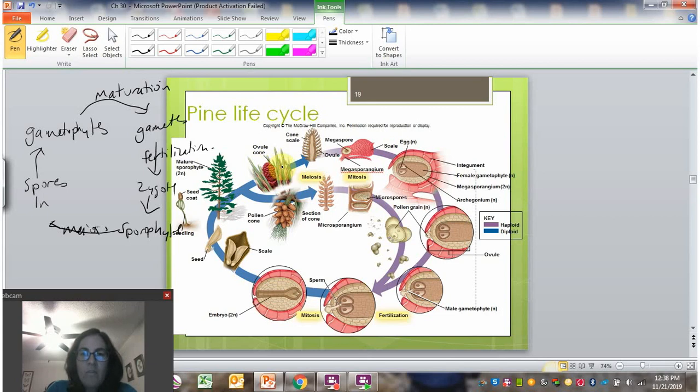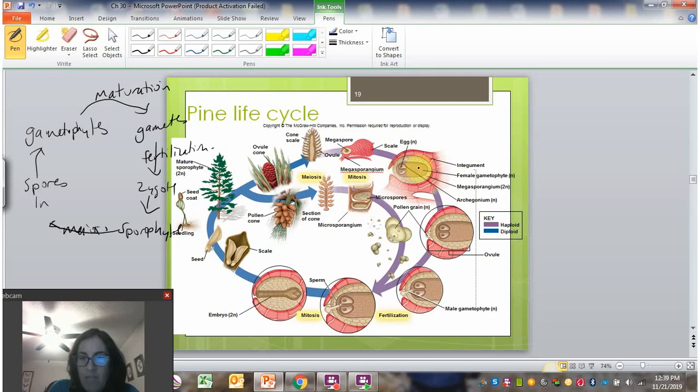Okay, so we'll leave our pollen grain here for a second and go back to the ovule cone. Deep inside of the ovule cone, we will have meiosis inside of a megasporangium that produces a megaspore. And so the megaspore is haploid within this megasporangium, again, because of meiosis. The megaspore will go through mitosis and produce this female gametophyte tissue. And within the female gametophyte, some cells will become eggs.